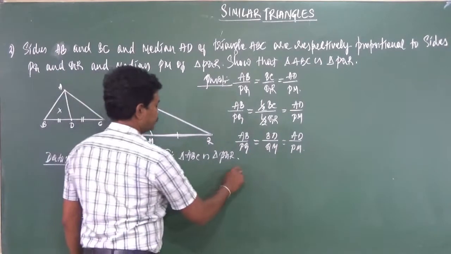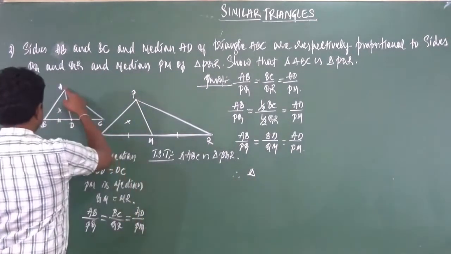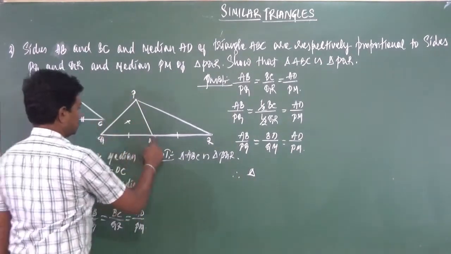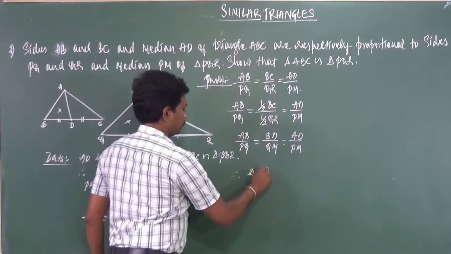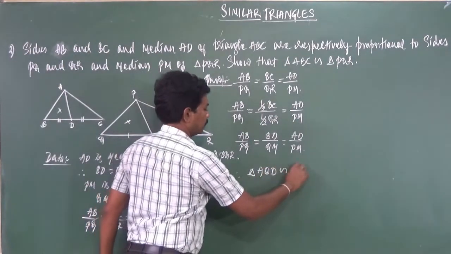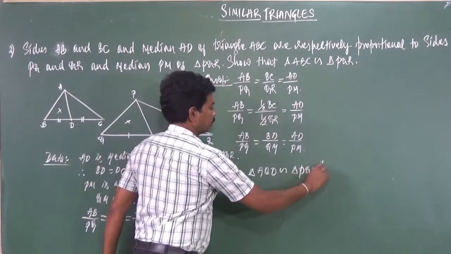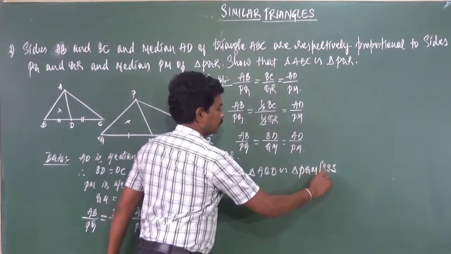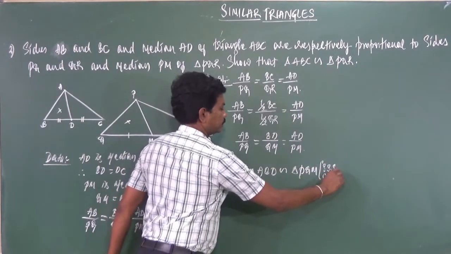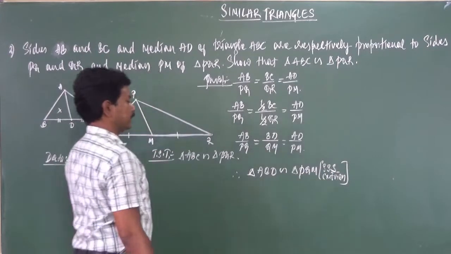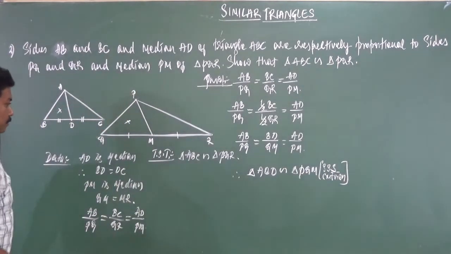Therefore, triangle ABD is similar to triangle PQM.